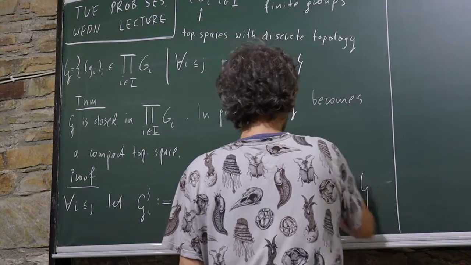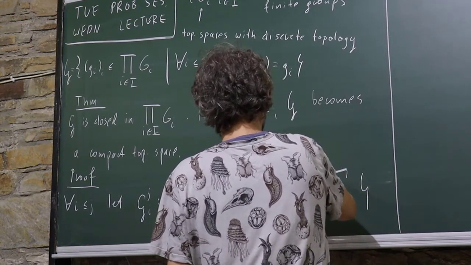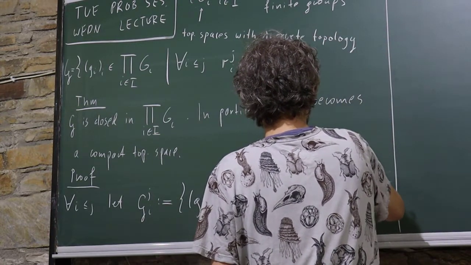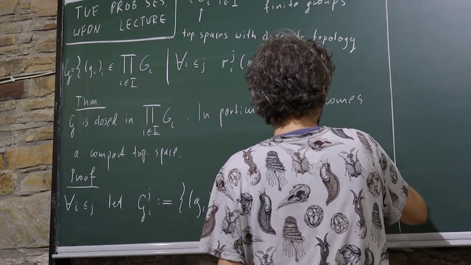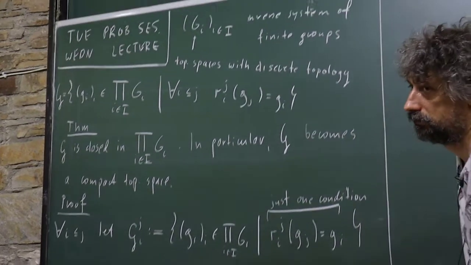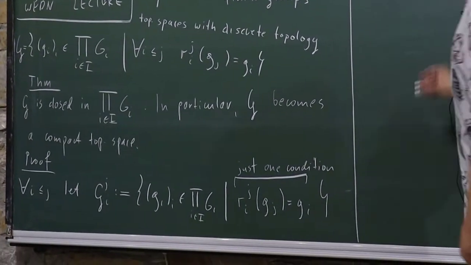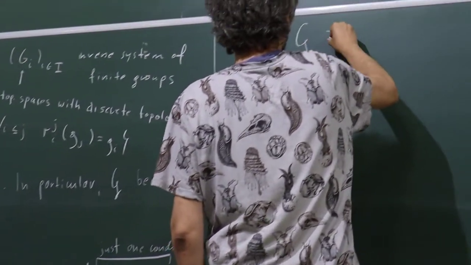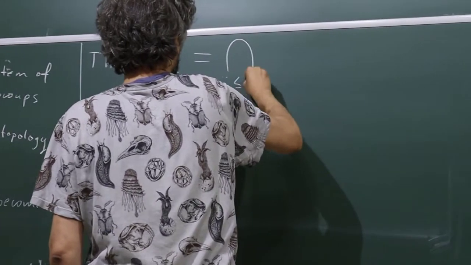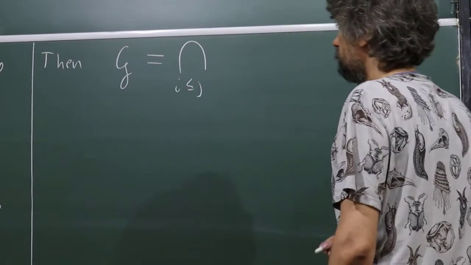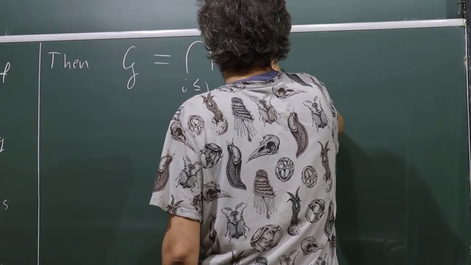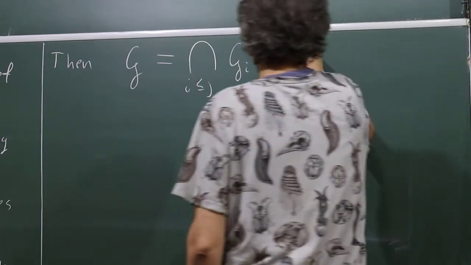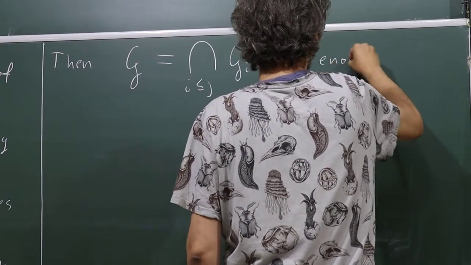Let me emphasize it, just one condition. So obviously G is the intersection of them over all such tuples. Since an intersection of closed sets is closed, it is enough to show that this one is closed.